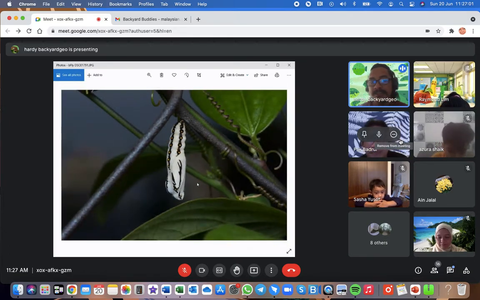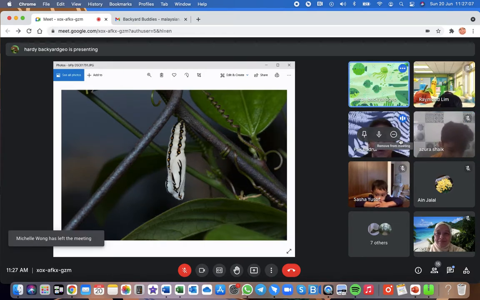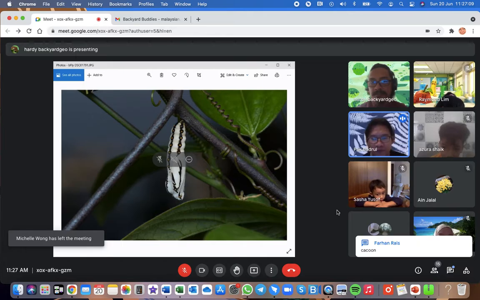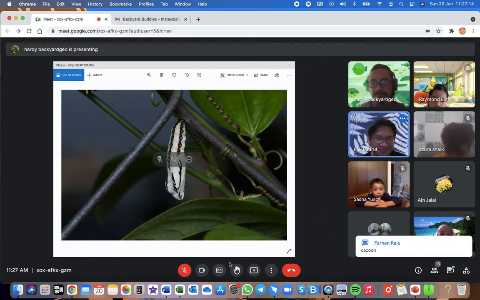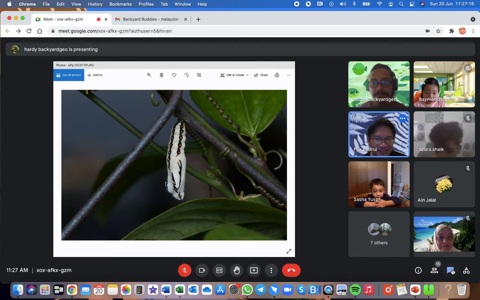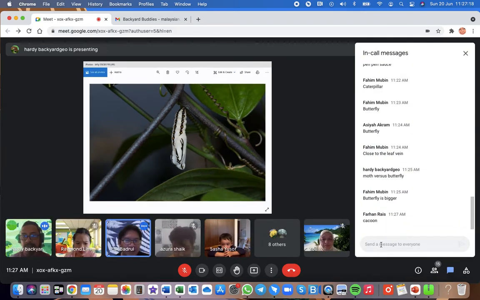Okay, what is this? What do you think this is? Pupa. Who knows the specific term for butterfly pupa? It starts with the letter C. Not cocoon.